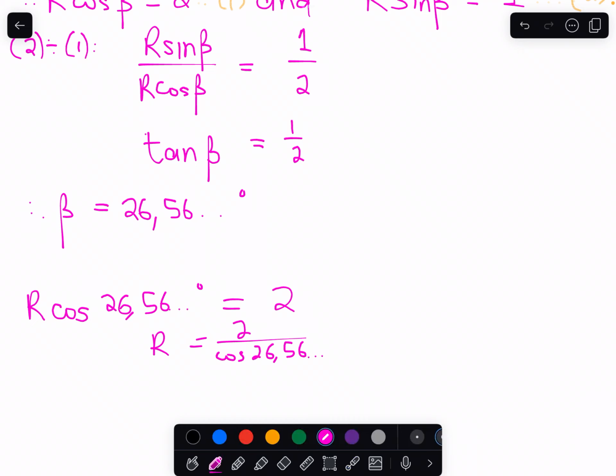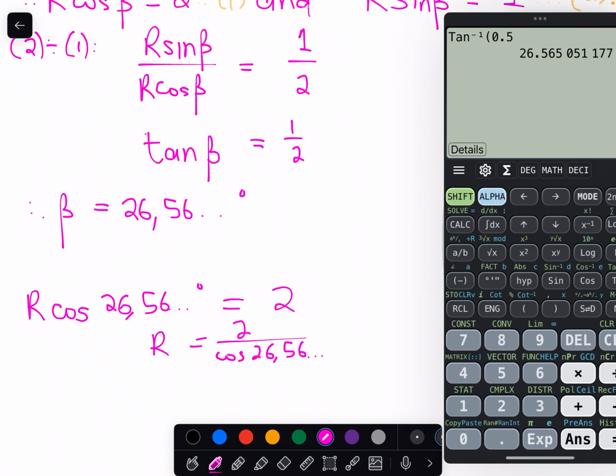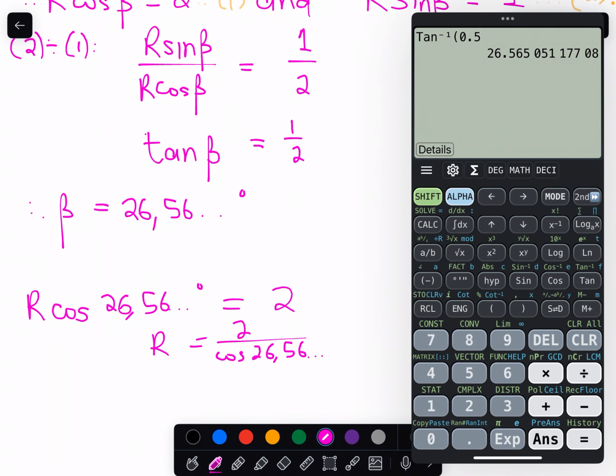Plus 180 is going to make it a third quadrant angle. Minus 180 also makes it a third quadrant angle, and anything beyond that is just getting further and further away from acute.